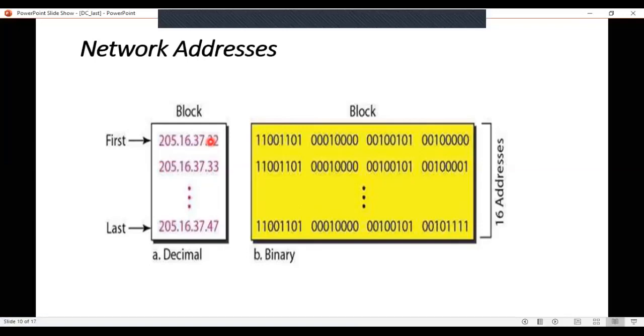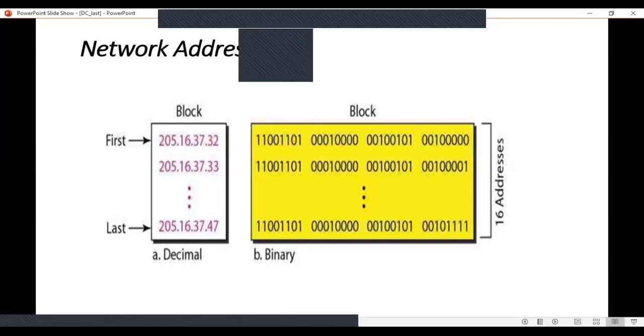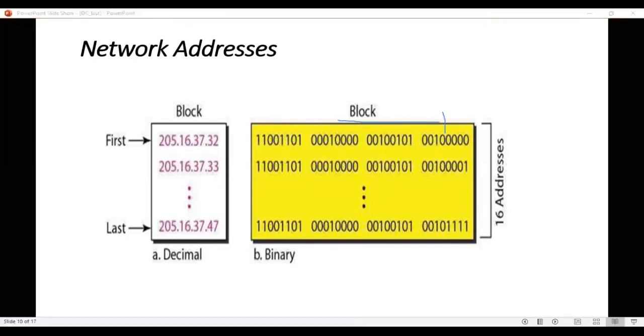And if you want the last address in the block, then up to here is the prefix and this is the suffix part, where we now have 4 zeros. If you represent this suffix part as 1 1 1 1, then this gives you the last address in the block.